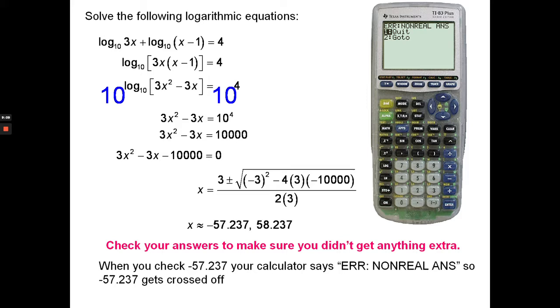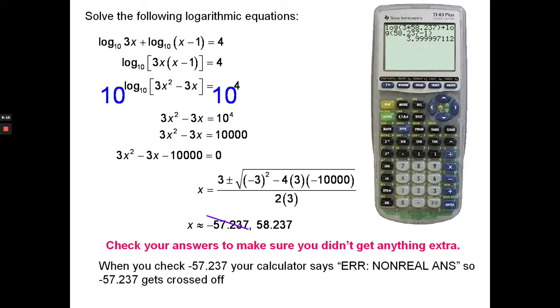Okay, so that means we are going to have to go back and cross off our negative 57.237. Now we're going to try our positive 58.237. We do get 3.9999, 5 nines there, close enough to 4 that we would be happy with that. So 58.237 is an answer that we can keep.